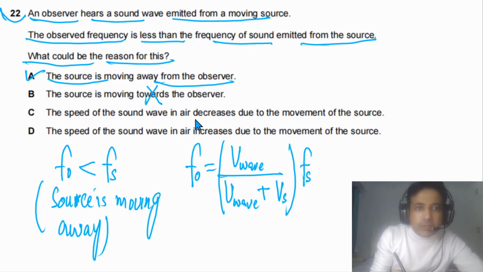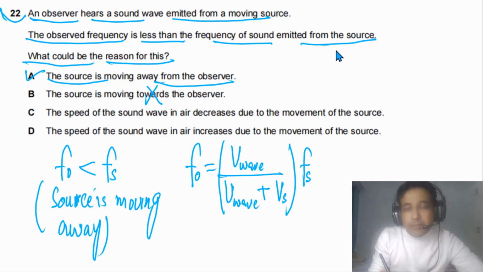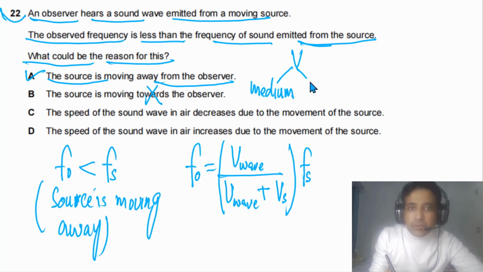The speed of the sound wave in air decreases due to the movement of the source. No, speed of wave depends on the medium and it depends on type of wave. So we can simply say speed depends on medium. So if the medium is the same, it means speed will not change.